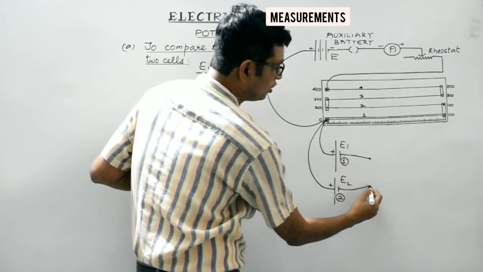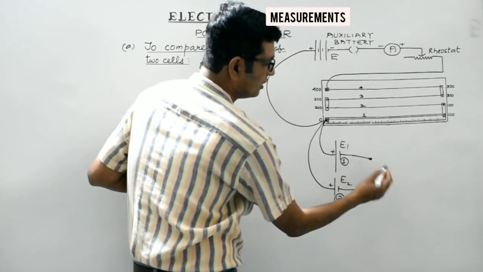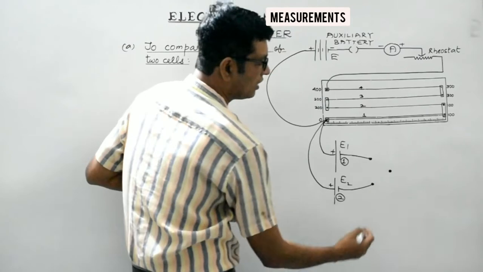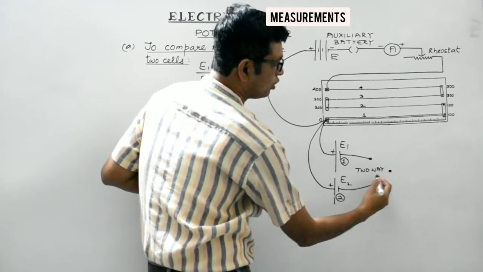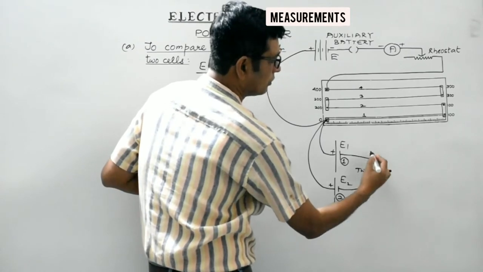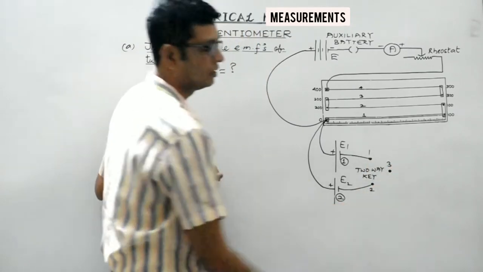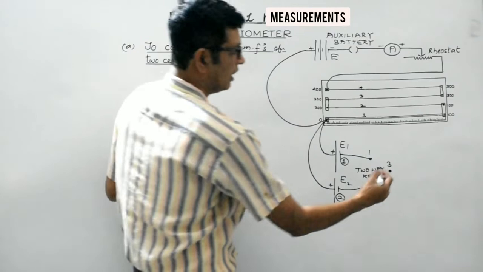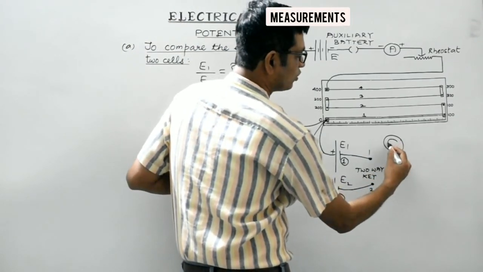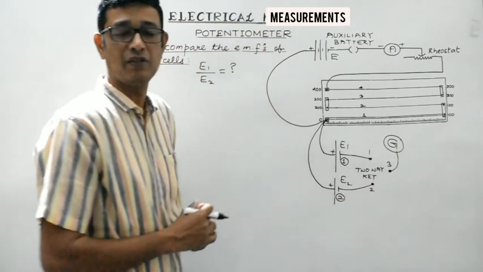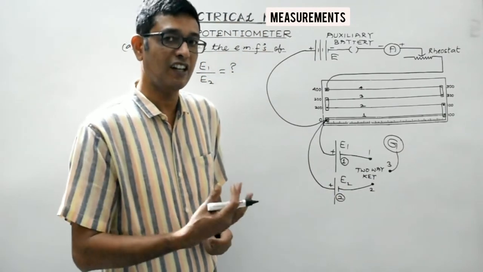Then the other two ends of the two cells are connected to a two-way key. This is a two-way key. Suppose this is 1, this is 2 and this is 3. See, it's a two-way, and this is connected to a galvanometer. Galvanometer, as you are aware, is a very sensitive device which is used to detect the current.